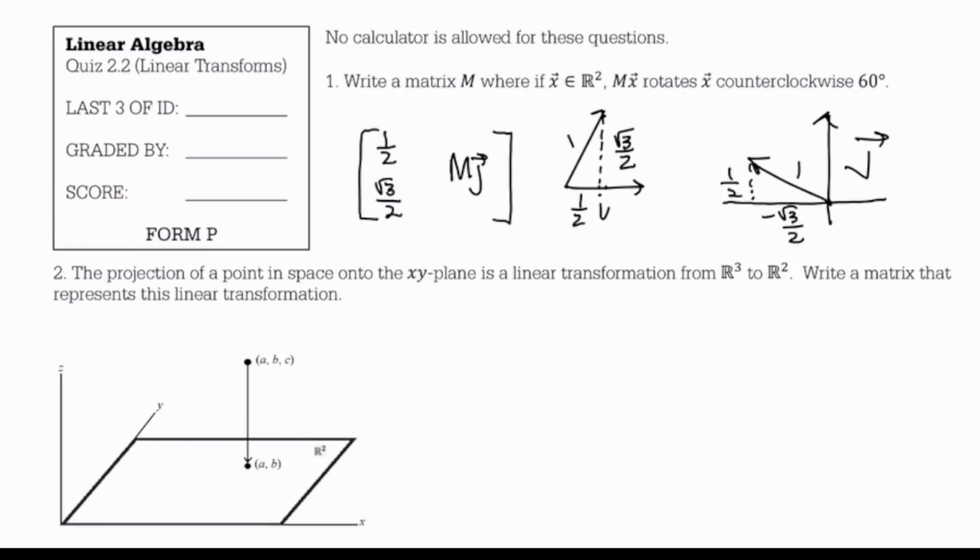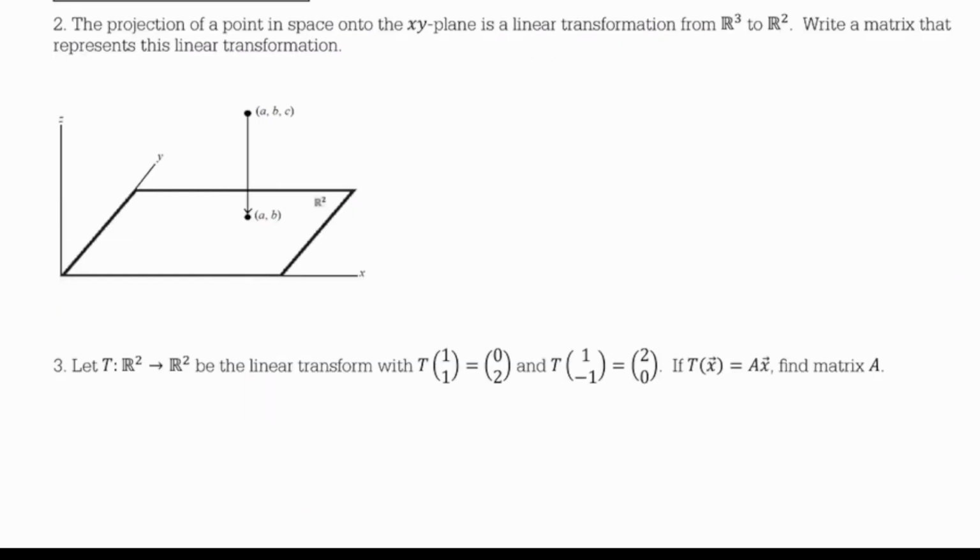So x is negative root 3 over 2, and y is positive 1/2. I think that's better than just memorizing the standard rotation matrix for 2x2 vectors, specifically because that mindset would help you solve this next one much more easily.